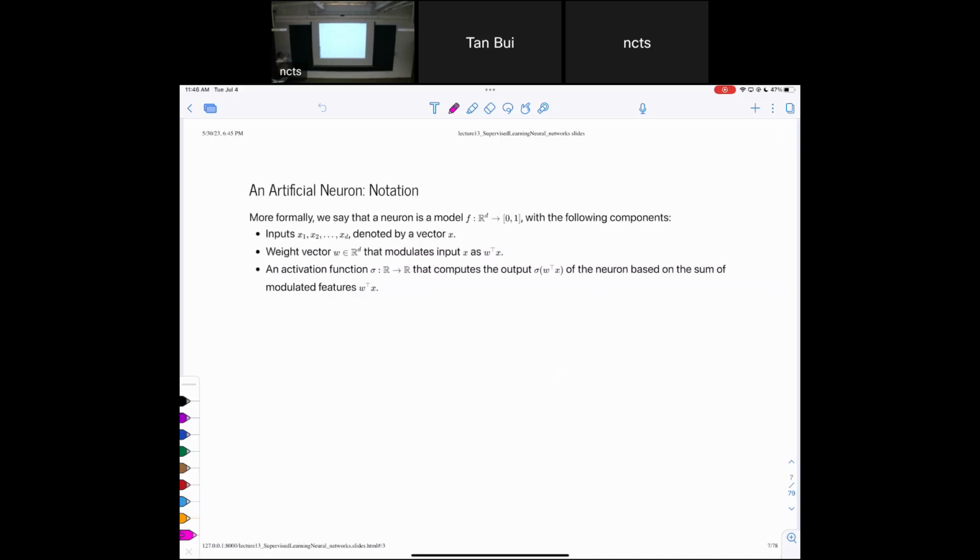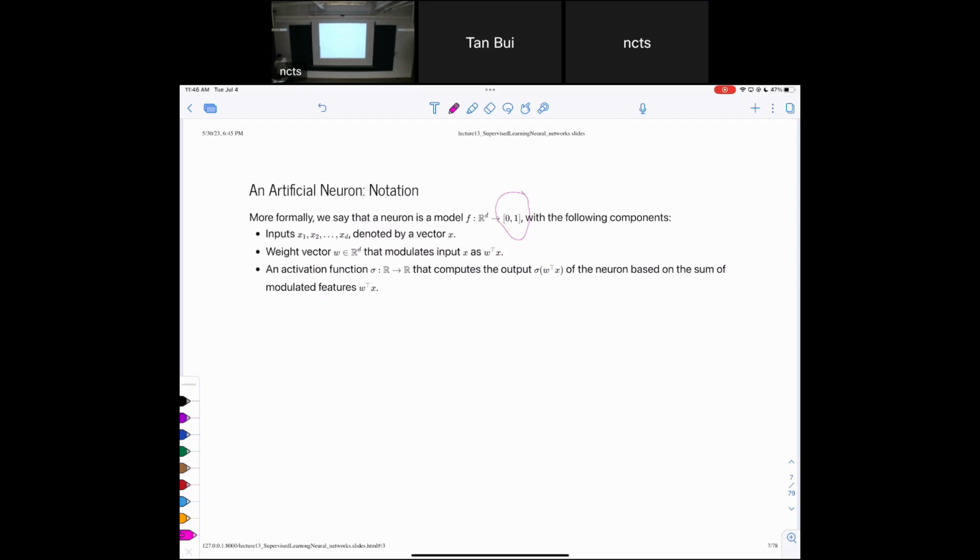Now, to do a little bit more on the notation. By the way, it doesn't need to be 0 and 1. We're talking about classification now, but it doesn't need to be 0 and 1, okay? So x1 all the way to xd is denoted as the input vector of the neuron.